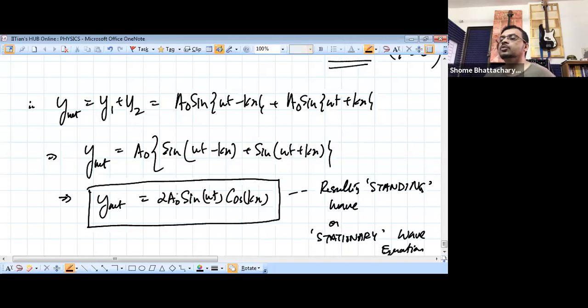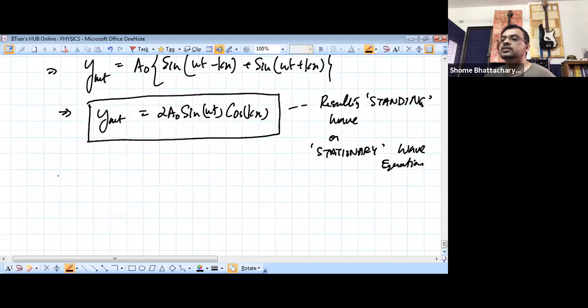So you realize the moment you look at the equation that it is not the equation of a traveling wave anymore, because there is no linear term in kx and omega t. So you understand immediately that this y net is not of this type.